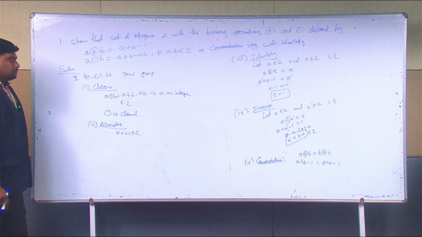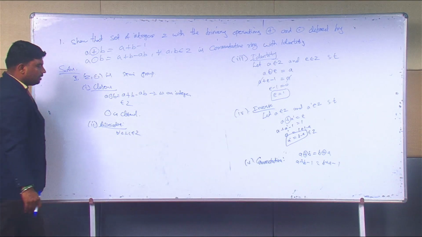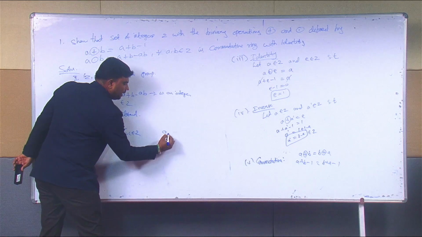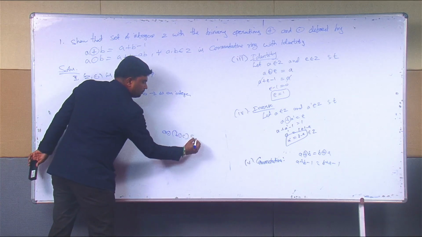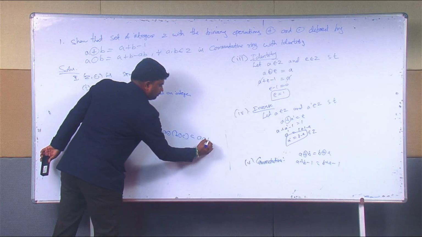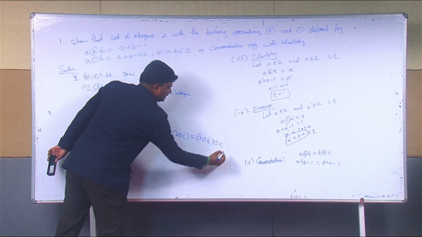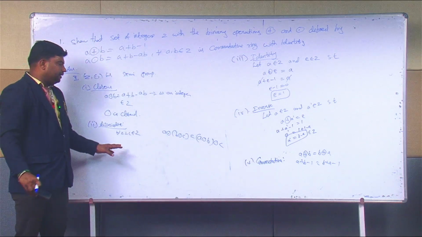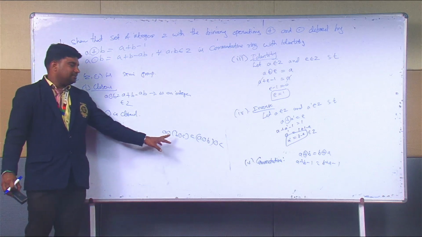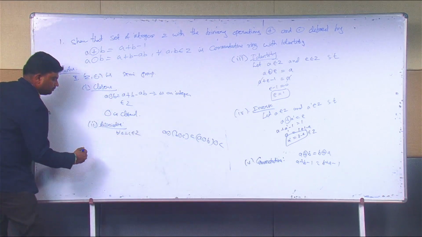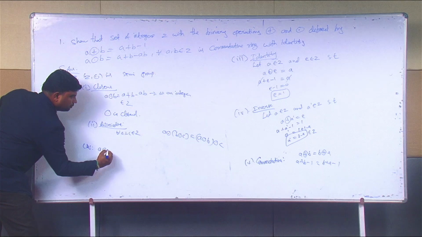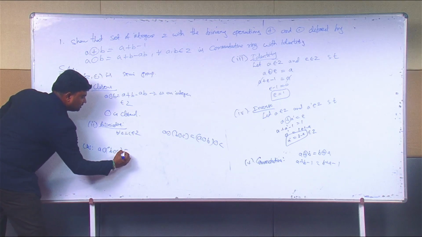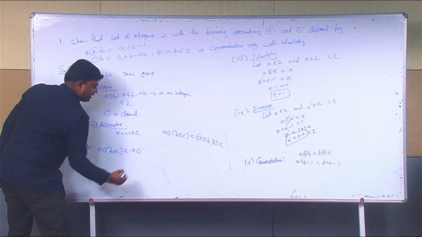Okay. And associative, take three elements, for every A comma B comma C belongs to Z. Here I want to show that A multiplication modulo, B multiplication modulo C, equals A dot B dot C. So I want to verify this associative axiom under multiplication modulo. Take the left side, LHS: A multiplication modulo, B multiplication modulo C, equal to A multiplication modulo.